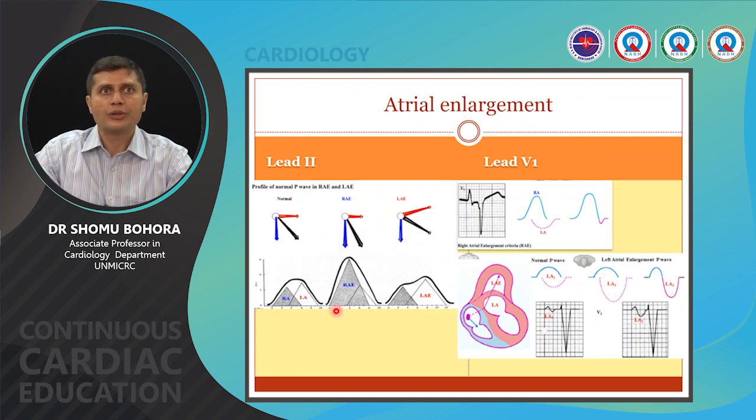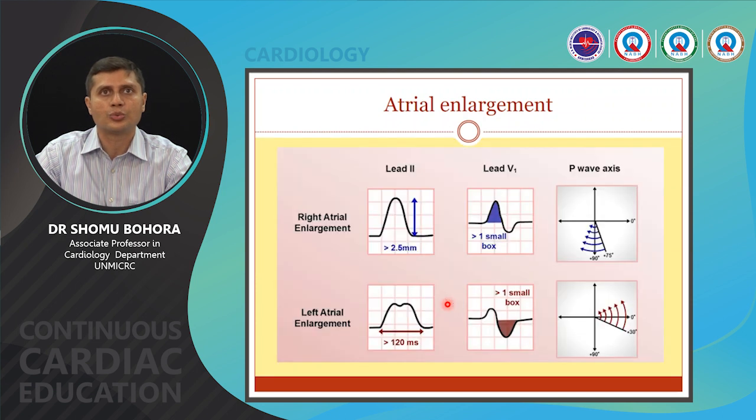In lead 2, because of summation of the right atrium and the left atrium, it becomes peaked, while a terminal left atrial component will increase the duration of the P wave as well as cause it to be notched. So a notching and an increased duration suggests left atrial enlargement in lead 2.